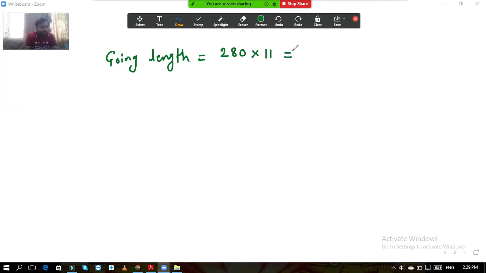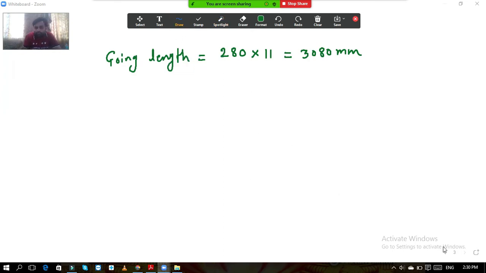Do the calculation, you will get the answer. 280 into 11, what is the answer? 3080 mm. This answer we have calculated over here, 3080. This is our going length.